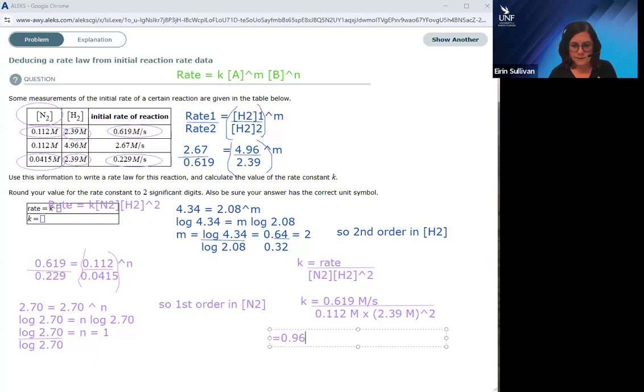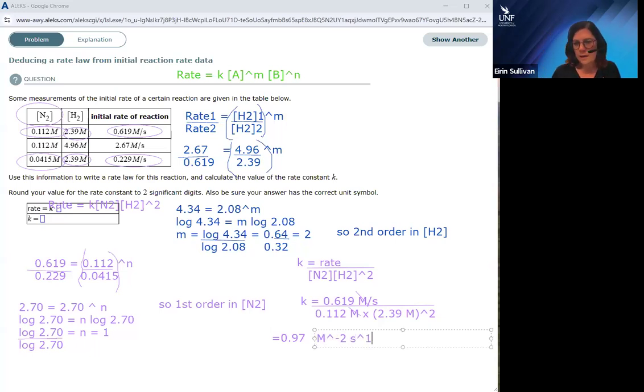We're asked for 2 sig figs, so 0.97. What about the units? If we look at the units, we can see that molarity is going to cancel here and here. So we'll end up with per second per molarity squared. So molarity to the -2, seconds to the -1 would be my units.